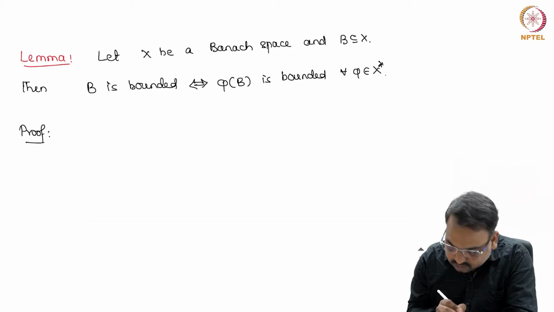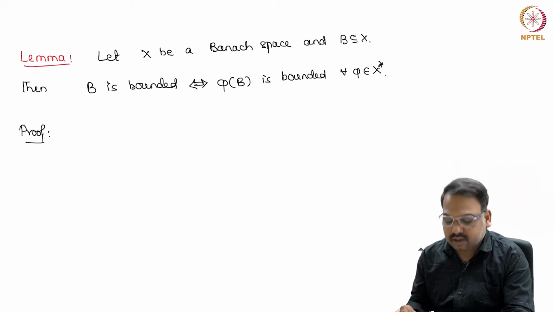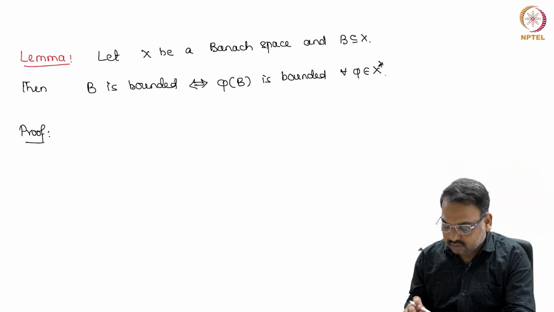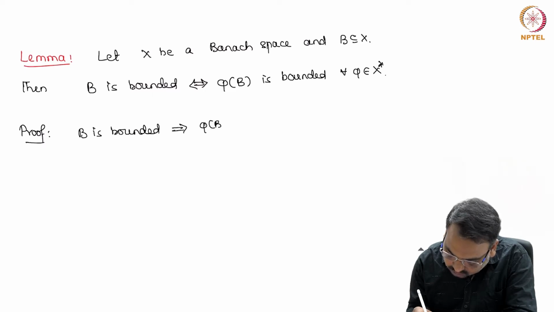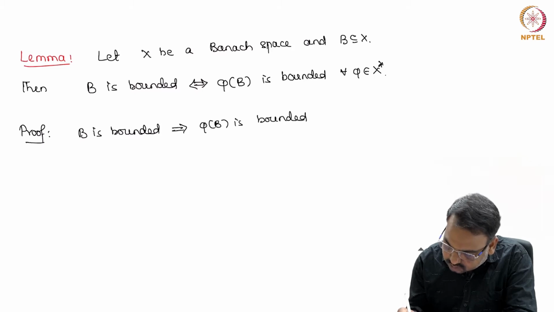Here one way is trivial: B is bounded implies phi of B is bounded for all phi in X star.